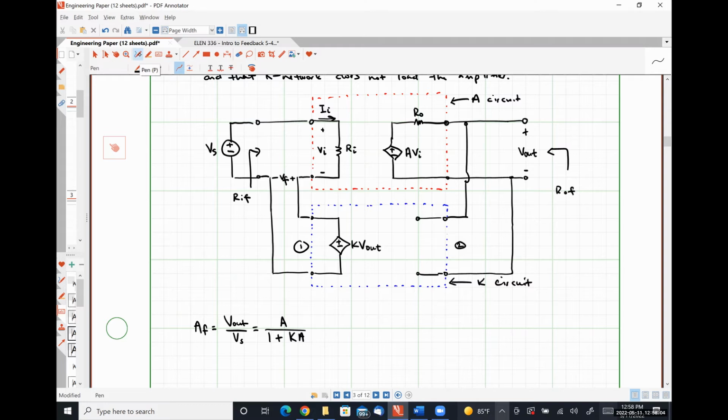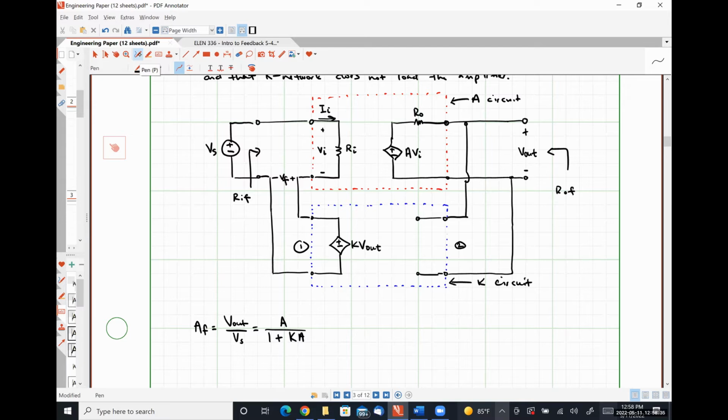Apologies. So what we are going to do right now is we're going to try to make this large structure look like an equivalent circuit that we can more easily figure out what's going on. And so what I mean by that specifically is we're going to represent this closed loop system by its own amplifier model.